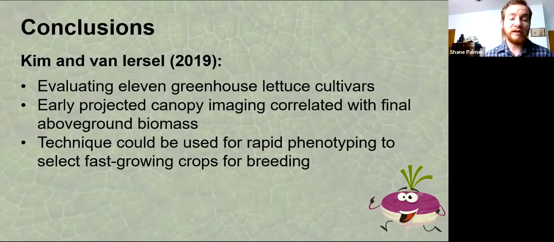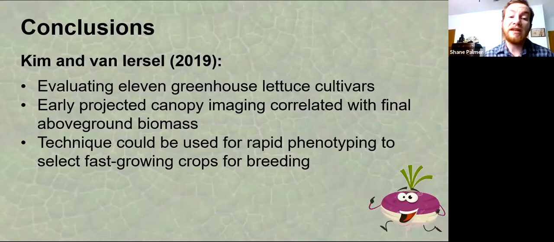So there was another study by another one of my lab mates that was evaluating some greenhouse lettuce cultivars, looking at phenotyping actually. And he also used the same early projected canopy imaging system that I did. And that was correlated with final above ground biomass in these lettuce cultivars.